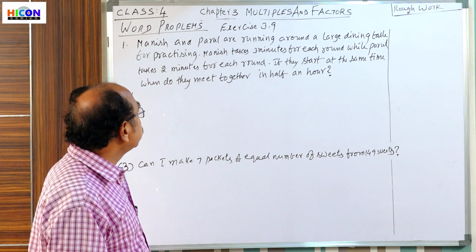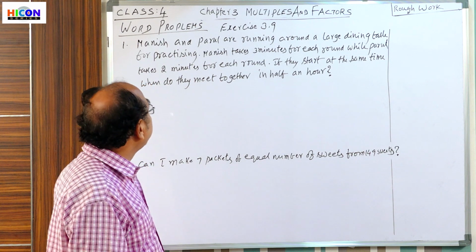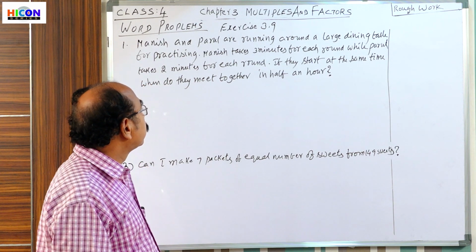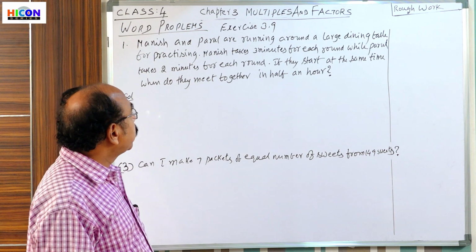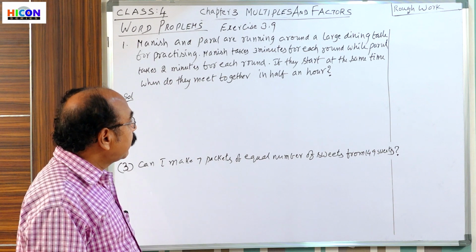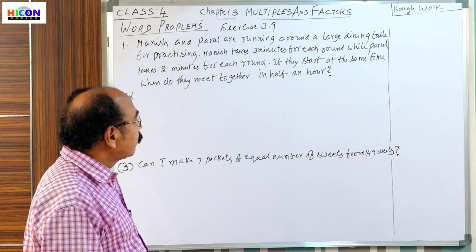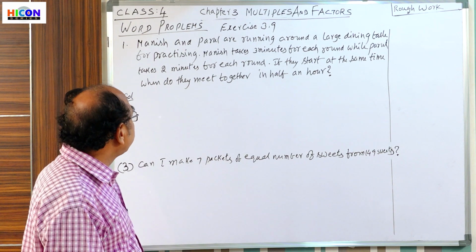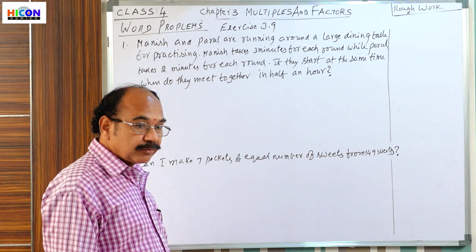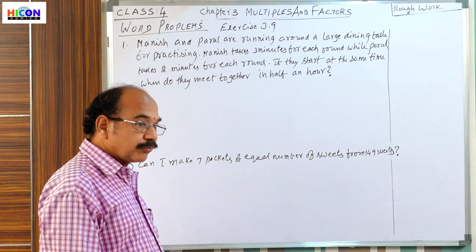First question: Manish and Parul are running around a large dining table for practice. Manish takes 3 minutes for each round, while Parul takes 2 minutes for each round. If they start at the same time, when do they meet together in half an hour?